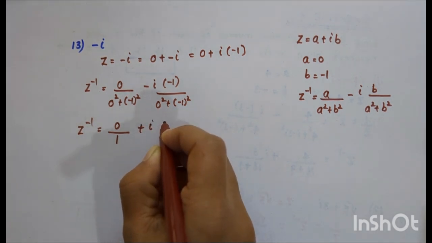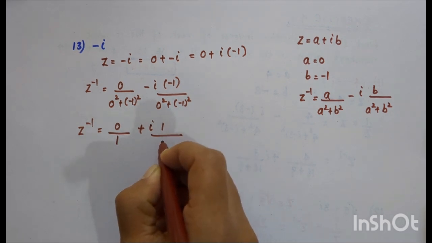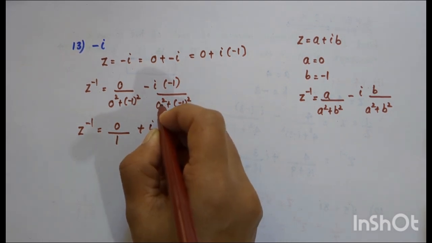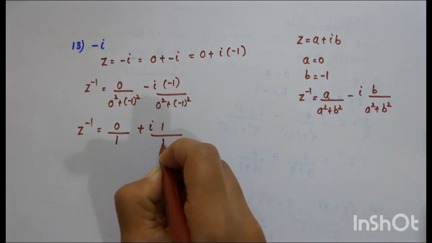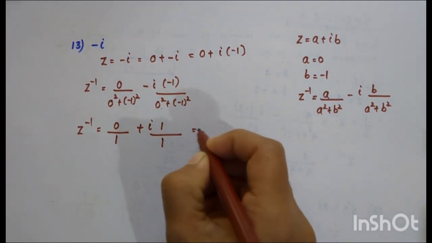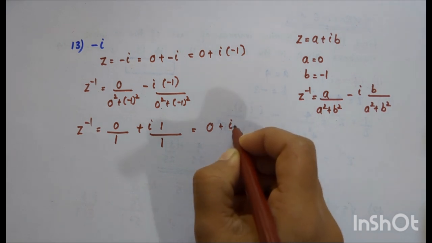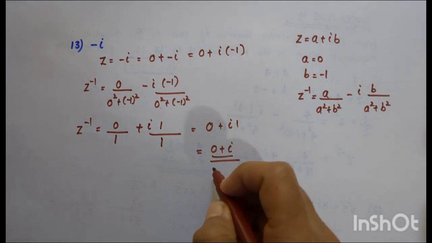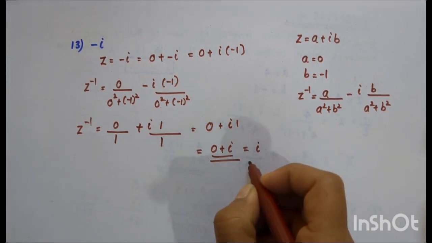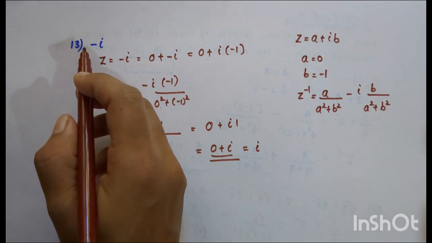So i into 1 divided by 0 square plus minus 1 all square, which is 1, 0 plus 1 is 1. So this is equal to 0 divided by 1 is 0, plus i into 1 divided by 1. So you can write it as 0 plus i, or you can simply write it as i. So you see i is the multiplicative inverse of minus i.